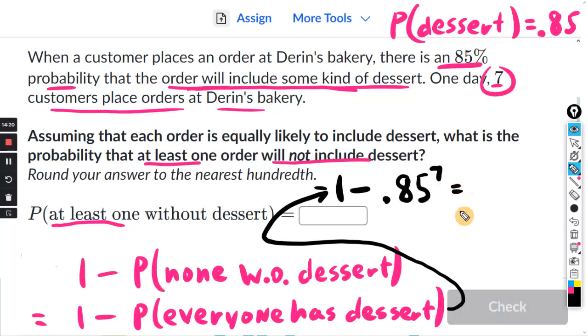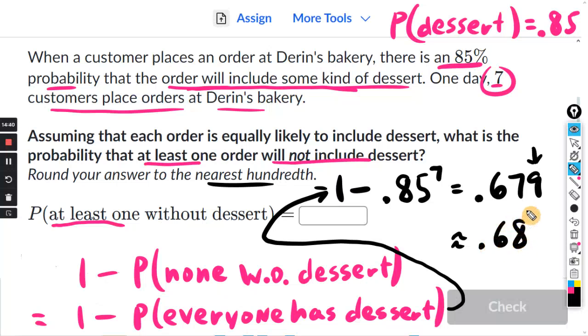Okay, on my calculator, 1 minus 0.85 to the 7th power, I get 0.679. And it kept going. Okay, nearest hundredth is 2 decimals. You look at the third one, if it's 5 or more, you round it up. So the 6.7 becomes 0.68.